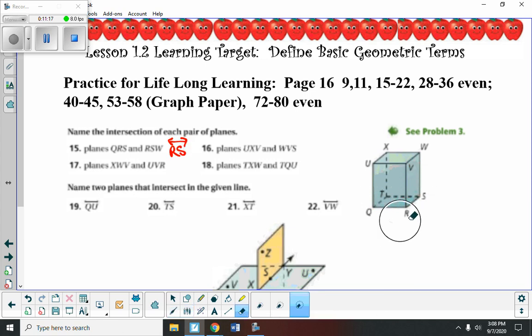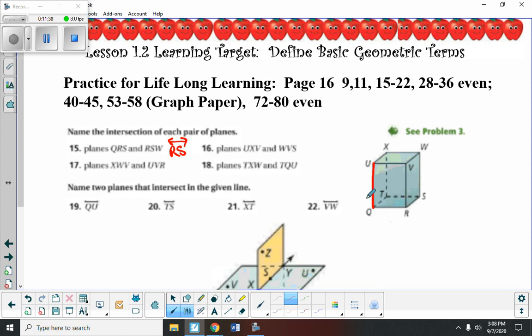And let's look at a problem out of the next set here too. It says name 2 planes that intersect in the given line. So first we have to find the line QU. So the 2 planes that would intersect here would be, let's see, this front plane of the box.